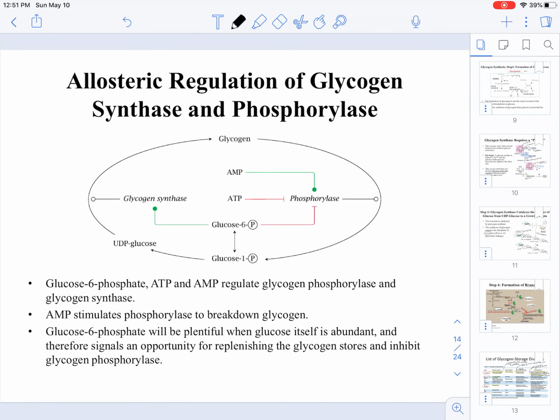Now we are going to be discussing the allosteric regulation for glycogen synthase and phosphorylase. So overall, remember that when it comes to these enzymes, phosphorylase is going to be involved in the breakdown of glycogen, while glycogen synthase is going to be involved in the synthesis of glycogen.